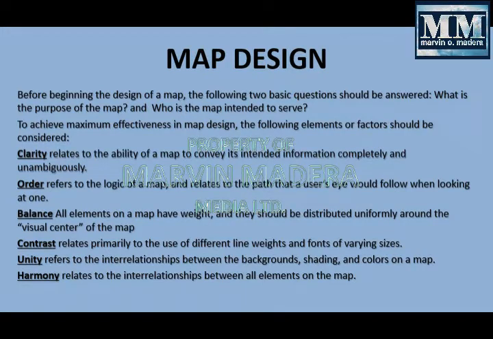Another thing is unity, which refers to the interrelationship between the background, shading, and color of the map. And lastly, we have the harmony, which relates to the interrelationship between the elements of the map. So all of these factors should be considered when you are designing a map.